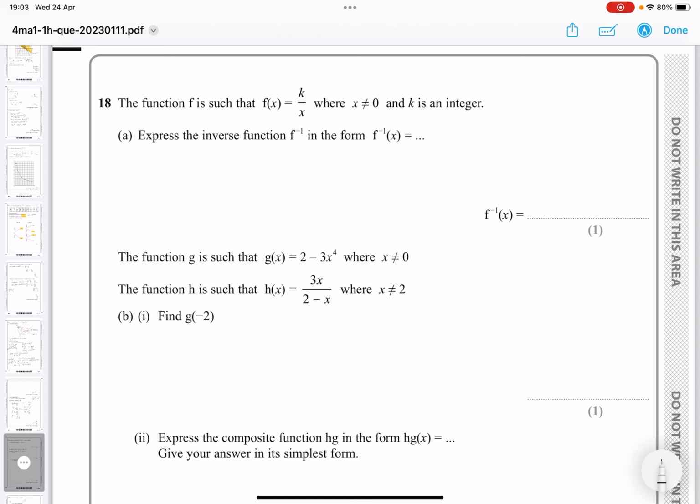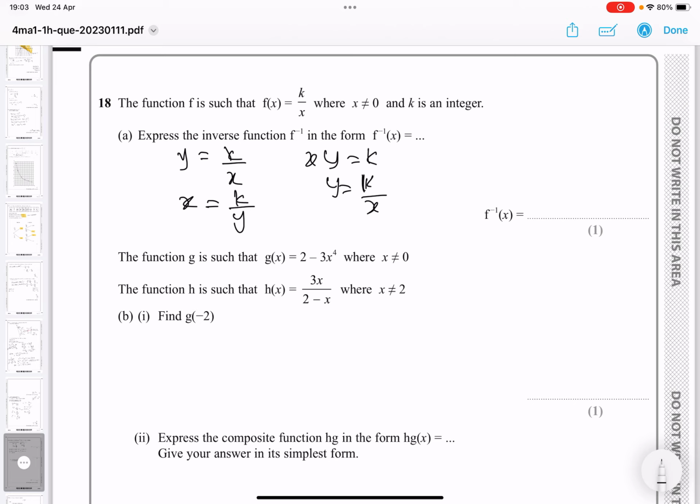So f of x, I'm going to write it as y, and that's equal to k over x. When you have an inverse function, this is like a law that you can follow for every question about inverse functions. You swap the x and y, so that becomes x equals k over y, and now your aim is to make y the subject. xy equals k, so y equals k over x.